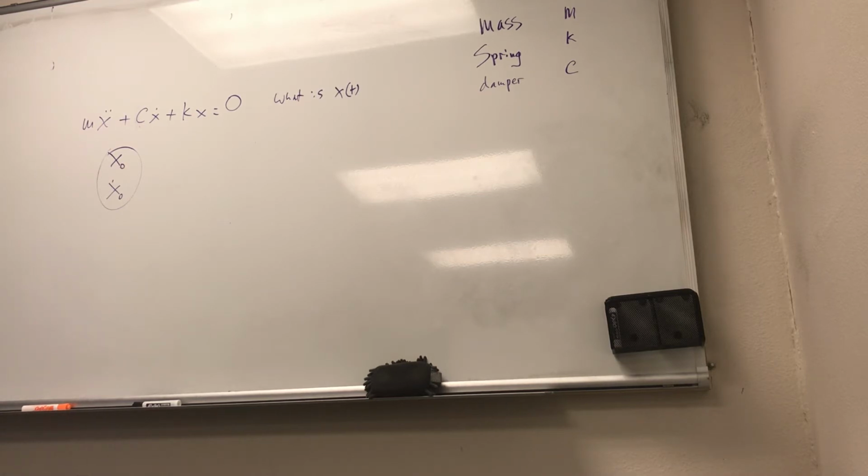KX is the force, and 1/2 KX squared is the potential energy, exactly, where x is the distance from equilibrium, you know, from the undeformed length or whatever, right? From equilibrium, I should say.